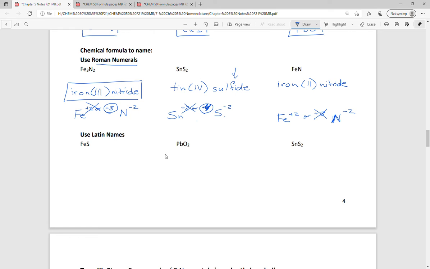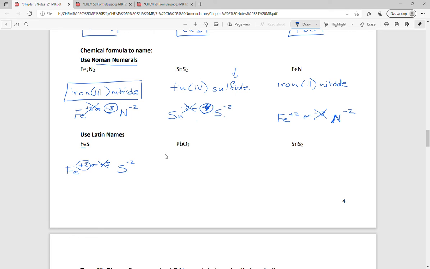Let's try the Latin names for these ones. So it's either ferric or ferrous, and I have to sleuth to figure out which one it is. So it could be Fe +2 or +3. Sulfur always has a combining capacity of -2. And so if I take a look at which one was used, it was this one, right?